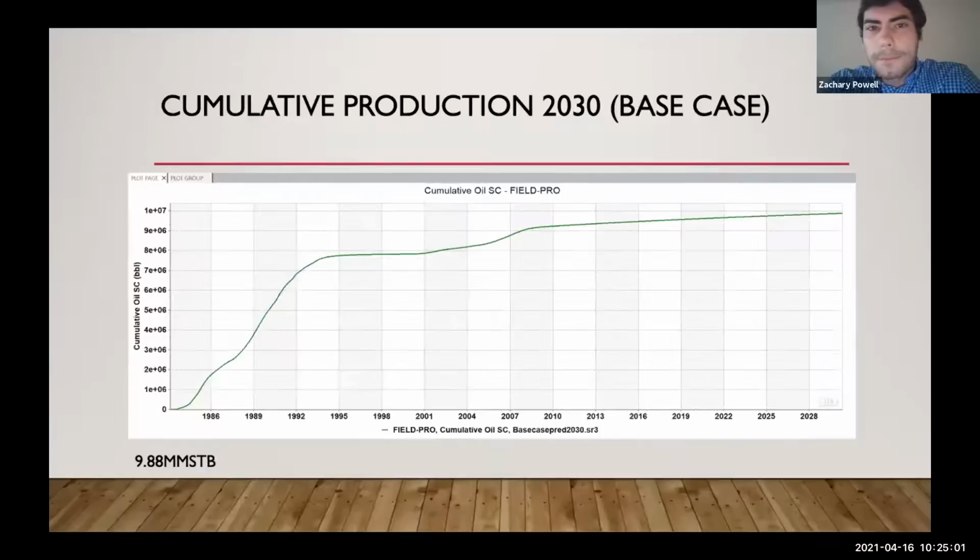And this is cumulative production, forecasted to 2030, and this again is the base case. We forecasted a cumulative production of about 9.88 million stock tank barrels.